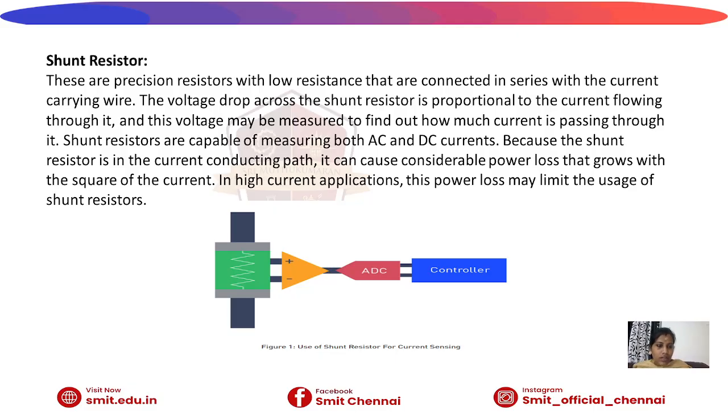The shunt resistor is also a current sensor. These are precision resistors with a low resistance that are connected in series with the current carrying wire, as in your diagram. The voltage drop across the shunt resistor is proportional to the current flowing through it.